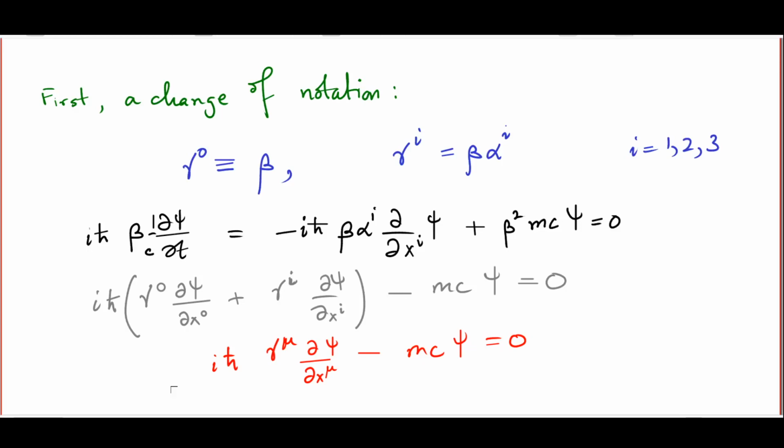What is very important is gamma 0 del psi del x0 plus gamma i del psi del x^i is exactly the right form for what looks like a scalar product in standard special relativity, where you have something with an upper index multiplying something with a lower index, and the index is repeated, so you sum up over it.